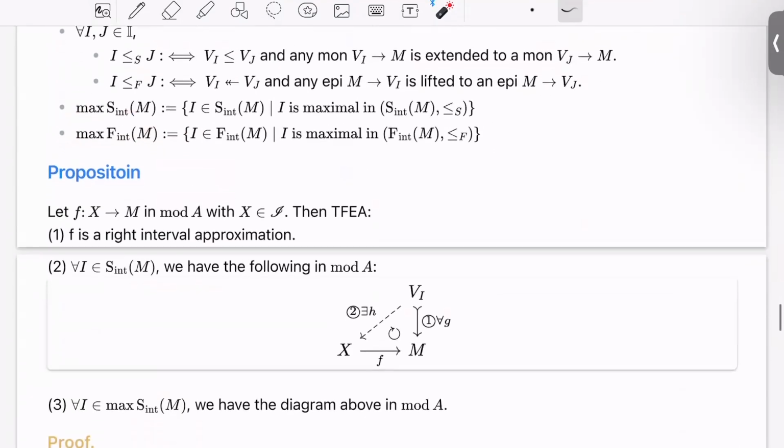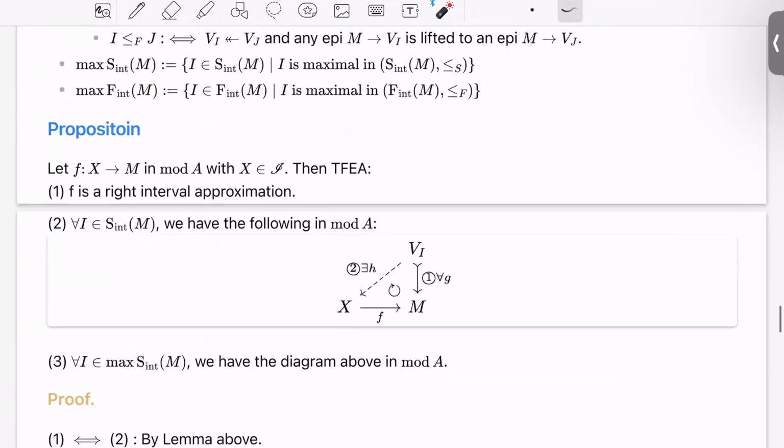So then the following gives a way to compute a relative right approximation or left approximation. Now let f from X to Y be a morphism in the module category A with X interval decomposable.